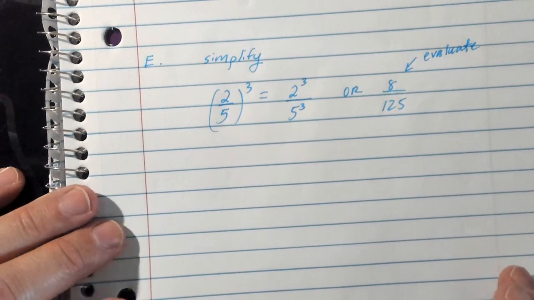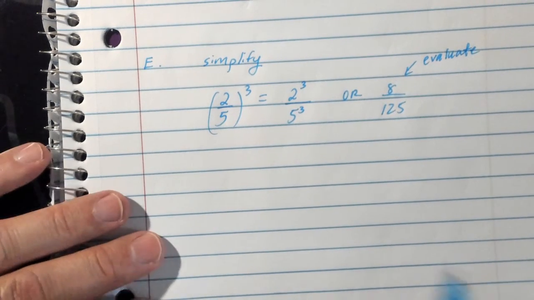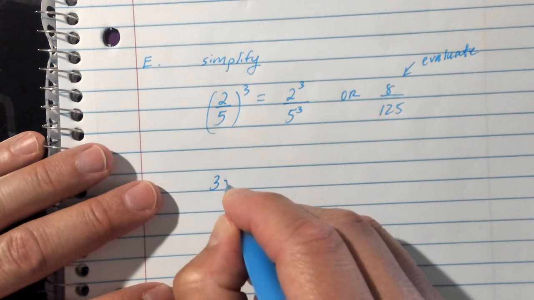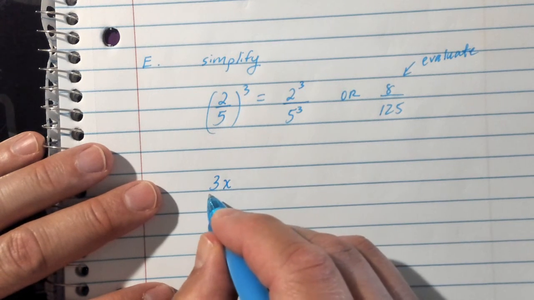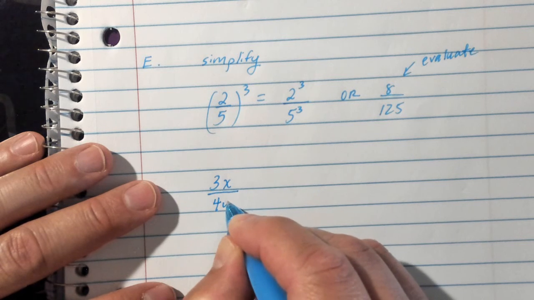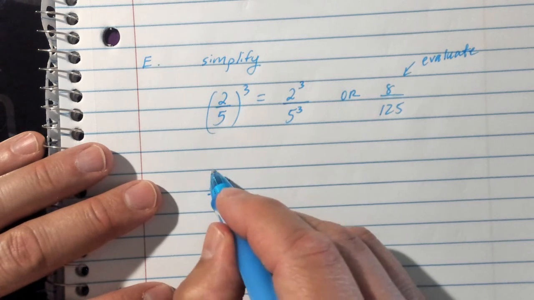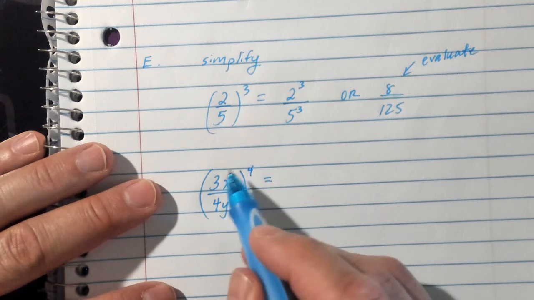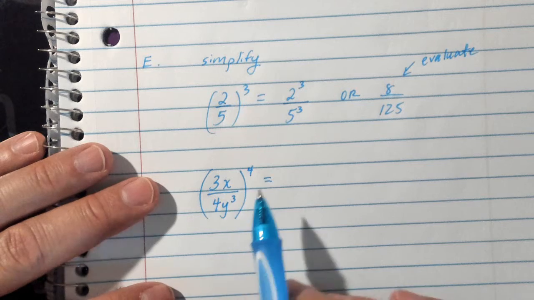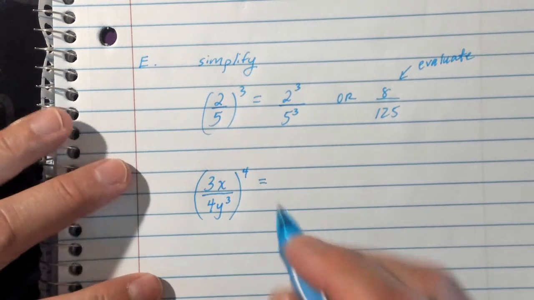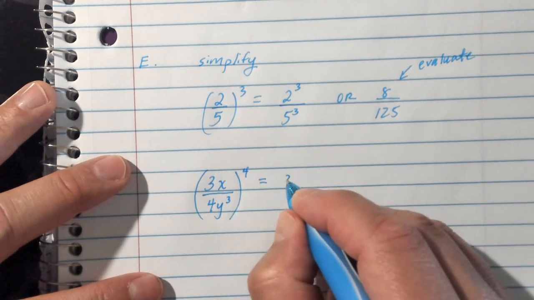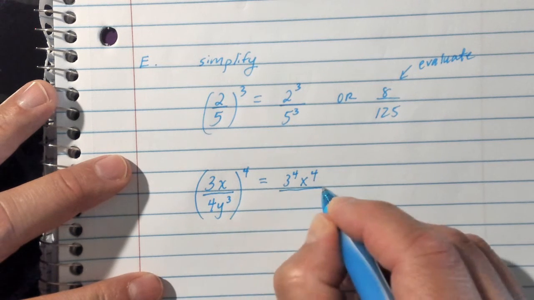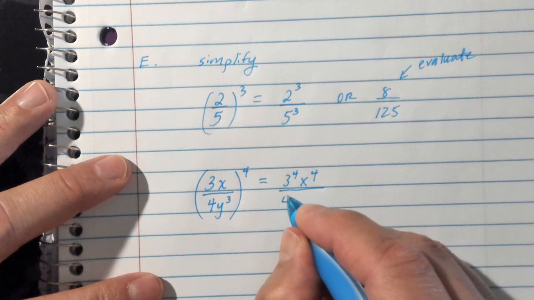And let me do another harder problem. Let's say we got 3x over 4y cubed, all of that raised to the 4th power. So everything inside the parentheses gets raised to the power of 4. So you get 3 to the 4th, x to the 4th, over 4 to the 4th.